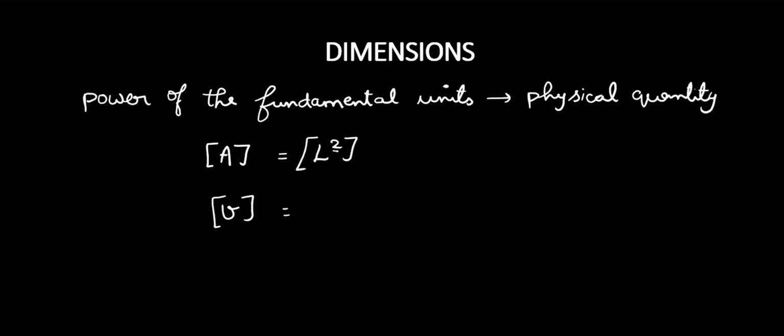For displacement the unit is L, and for time it is T. So it is L by T. If you look carefully, length is a fundamental quantity and time is also a fundamental quantity.